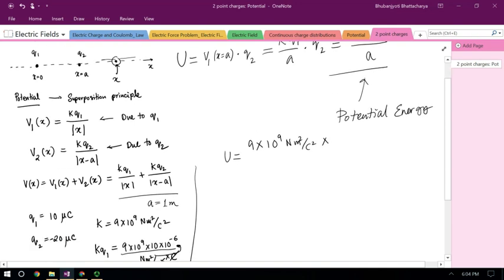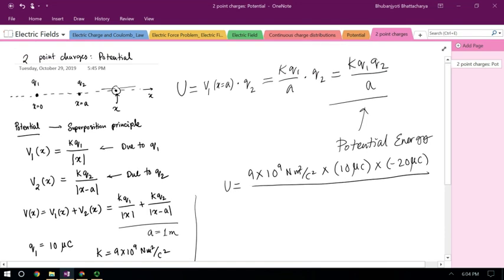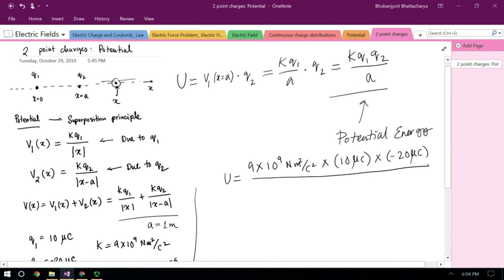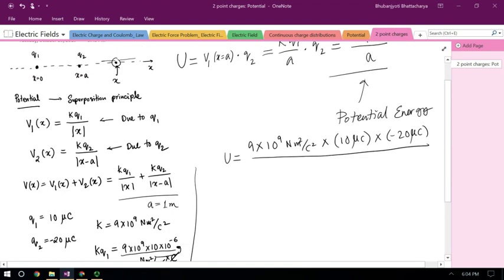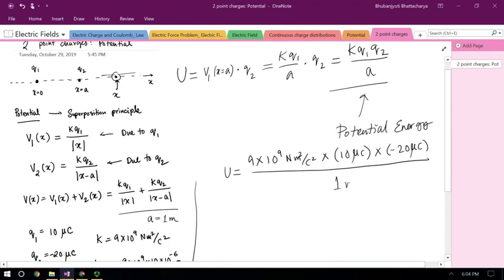We had 10 microcoulomb and -20 microcoulomb. Let's use those numbers. 10 microcoulomb times -20 microcoulomb divided by a, just a is 1 meter, right? We were assuming a equals 1 meter. So that's just this, 1 meter.